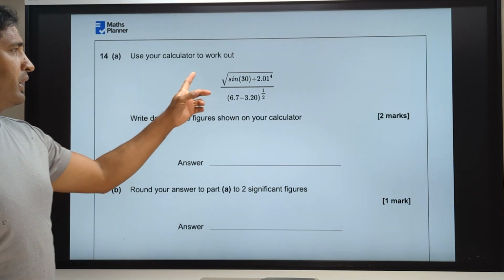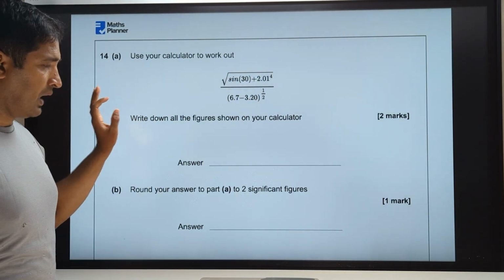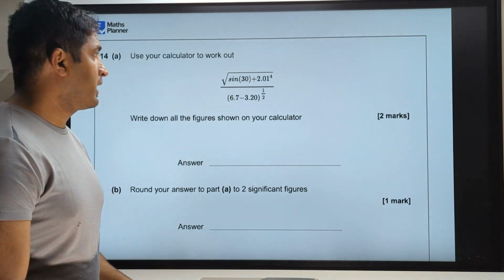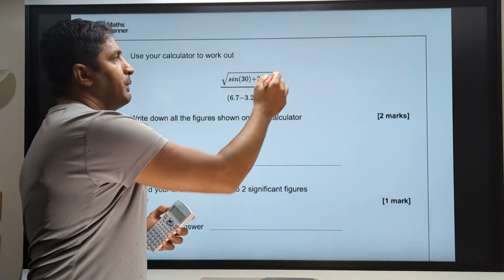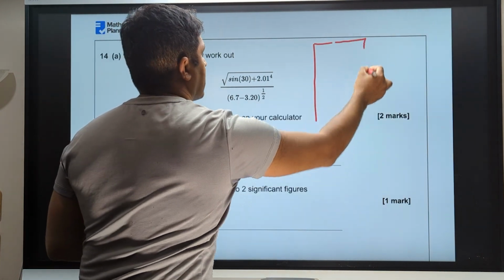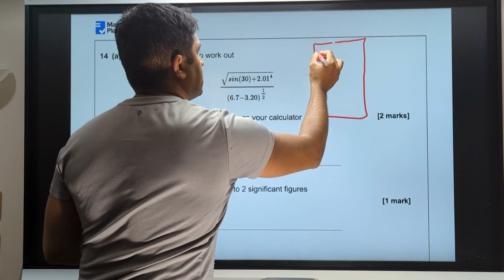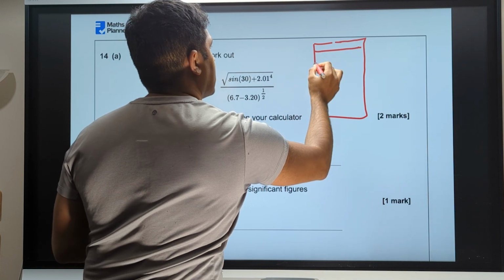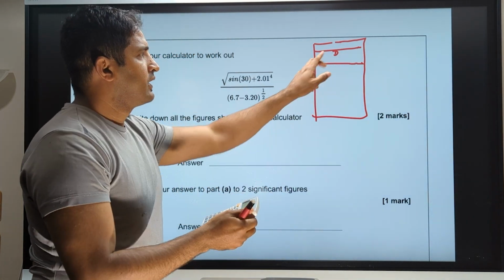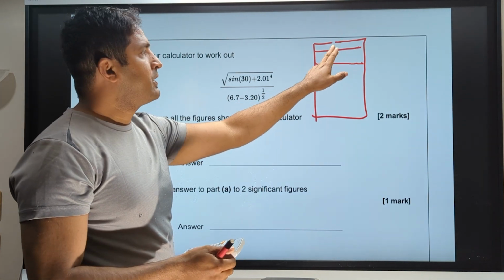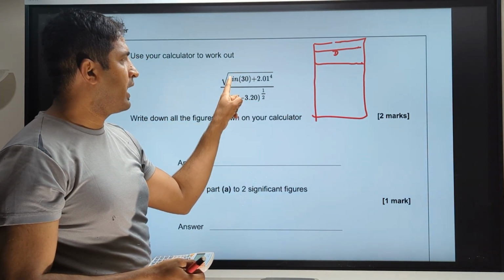Use your calculator to work this out again. I'd say when you're putting these numbers in the calculator, make sure your calculator says degree. If you have a calculator screen, okay, in your display line somewhere, there should be a letter D or DEG somewhere in the middle there. If it's not in degree mode, then you won't be able to enter sine 30.